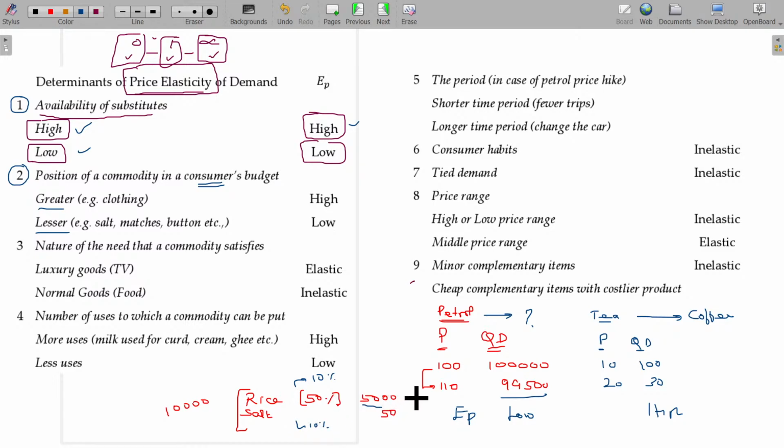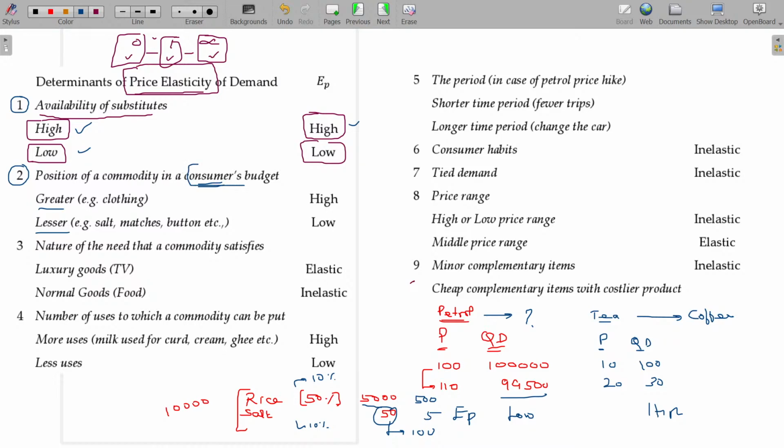The increase of rice will be a matter because it reduces your savings by 500. In case of salt, 10% is only 5. Even if the salt price increases from 50 to 100, you never mind. Sir, no problem, I can manage. But if the rice price doubles, or increases by 50%, that's a matter.